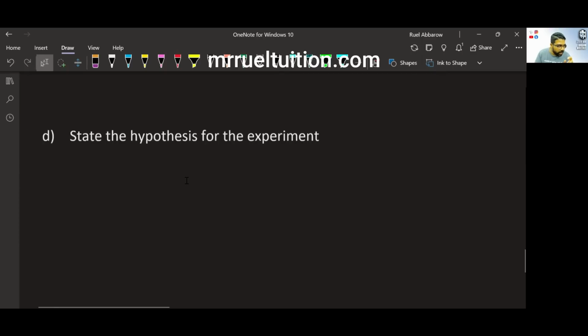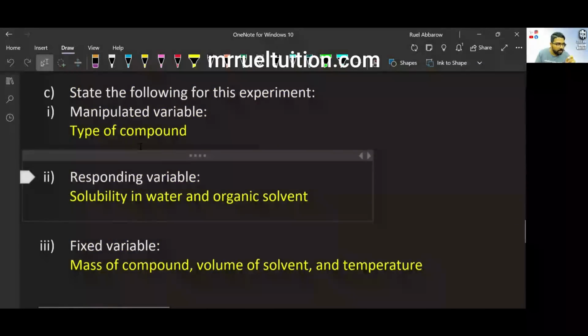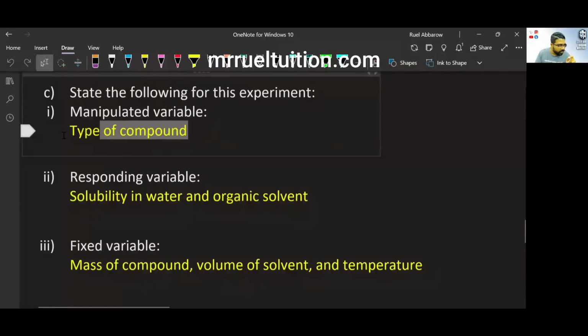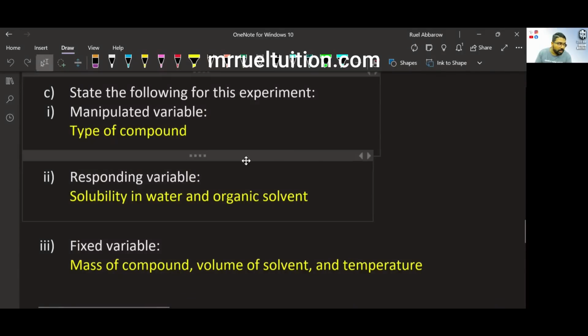However, if you have a variable that does not have a quantity, for example type of compound, you can't say the greater the type of compound, or when type of compound increases or decreases. Even the RV here is not quantifiable. Solubility in water, you can say the greater the solubility, but that's a different story because here it is only soluble or not.